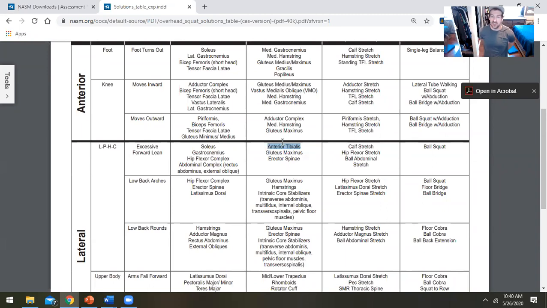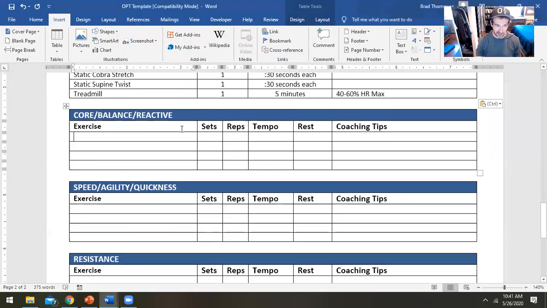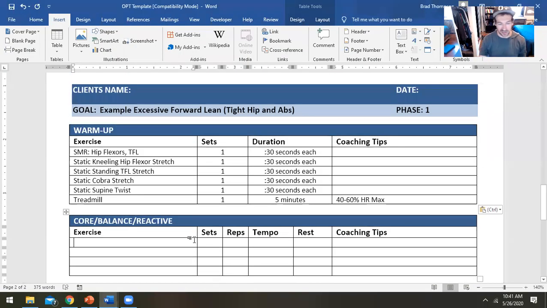But in this case, we're looking at underactive glutes and underactive erector spinae, right? Remember, this person's being pulled downward. Their erector spinae is going to pull them into extension. This person's way too good at spinal flexion and not good enough at spinal extension. So our core exercise, we're going to do a prone iso-prone cobra, right?